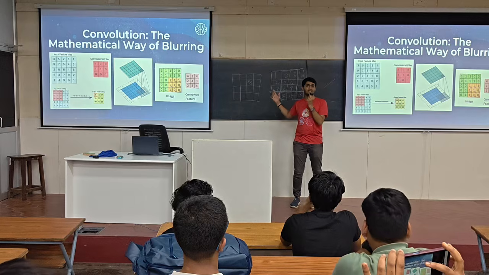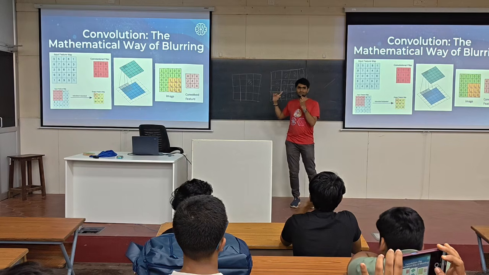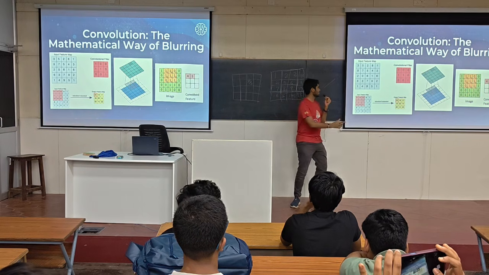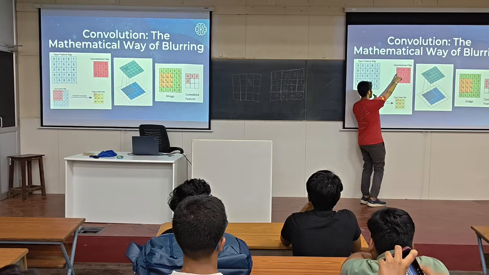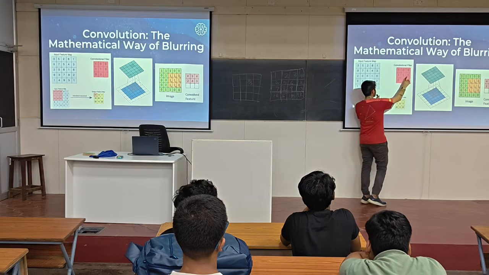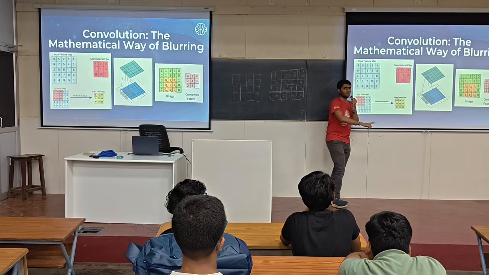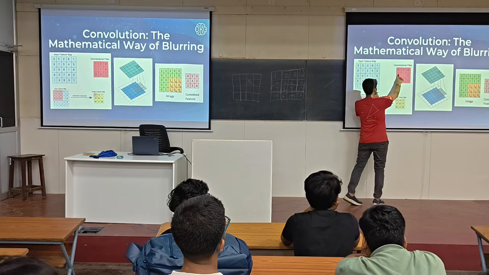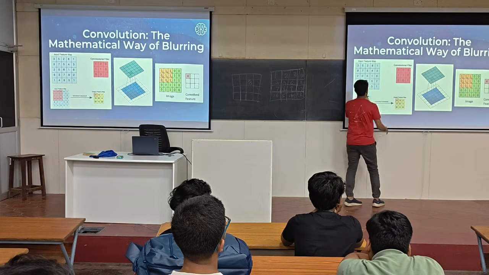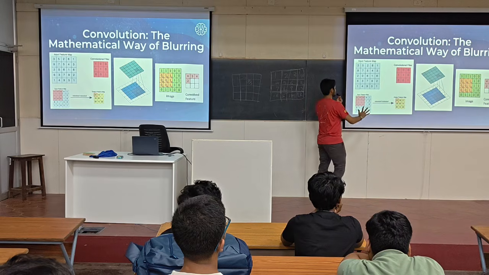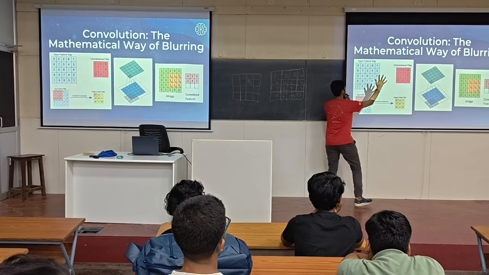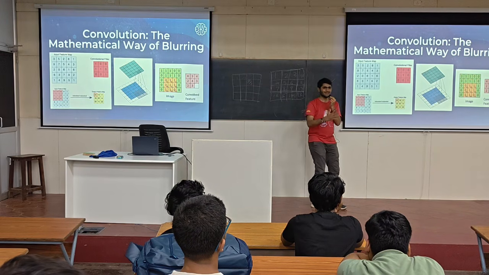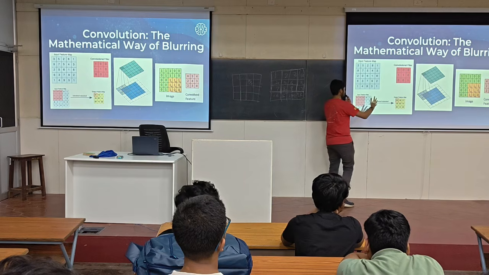I could have instead taken a weighted average, right? And how we can use those weights, I'll come to that soon. But yeah, the convolution filter will have some numbers which determine the weights of all the neighboring points that you need to take. Over here, for example, they have taken 1, 1, 1, this is 1, rest all are zeros. Now what you will do is you will first not multiply this, because matrix multiplication is completely different. This is called convolving.